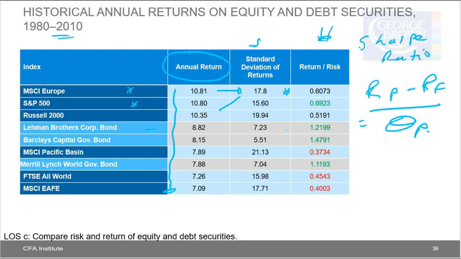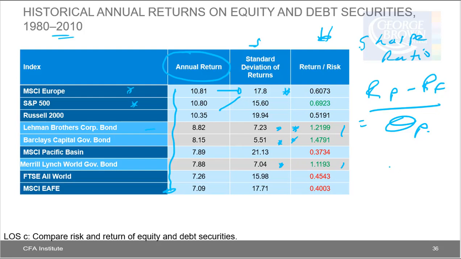Okay, so you can see here that the bonds have a good return to risk ratio, mostly because the standard deviation of returns is lower, and we learned that bonds have lower risk. So relative to the returns, they're fairly efficient.